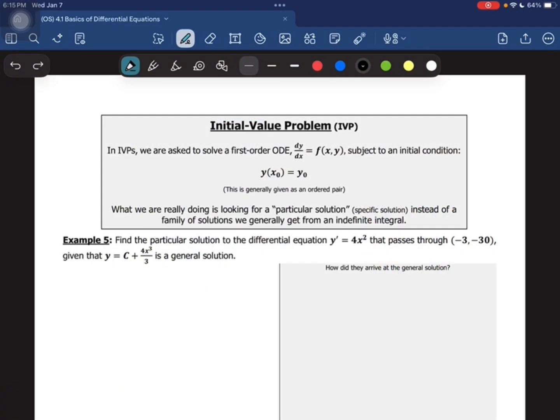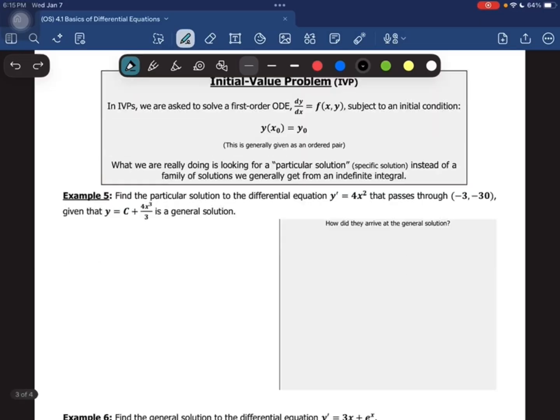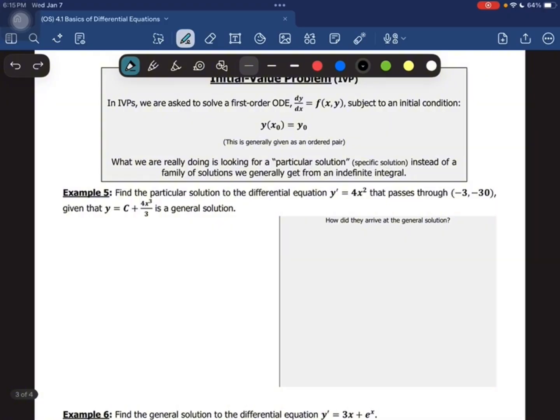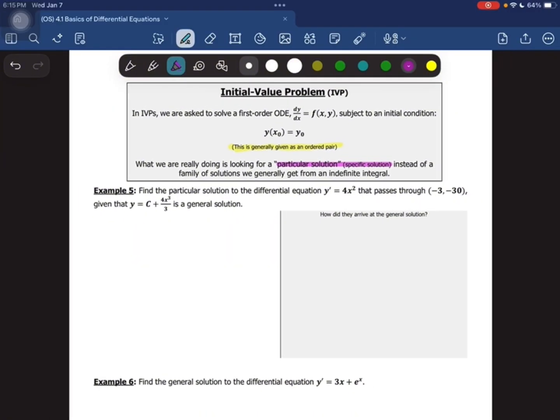Now, for initial value problems in differential equations, we are asked to solve a first order ODE, and it's subject to an initial condition. This is generally given as an ordered pair, your initial condition. And what we're really looking for is a particular or specific solution instead of a family of solutions that we previously saw.